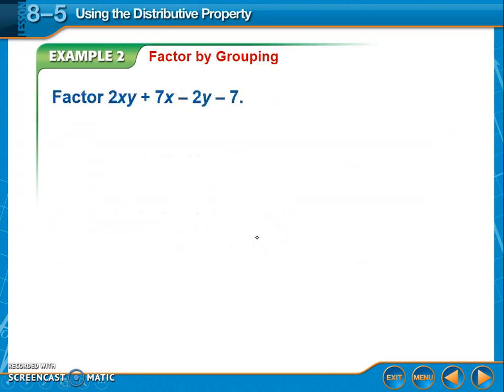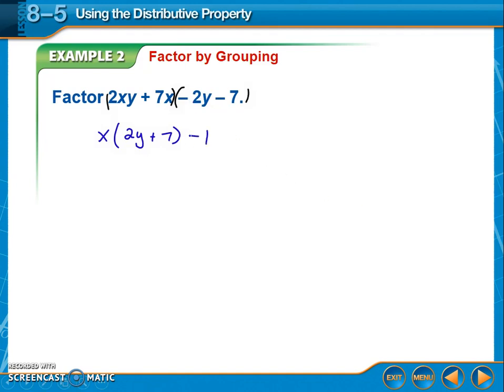We'll do an example. Looking at this, there's nothing that's common to all 4 terms. So when there's nothing common to all 4, we use factoring by grouping. We're going to group the first 2 terms and then the last 2 terms. Looking at just the first 2 terms, what do they have in common? They both have x. So I'm going to pull out x, and I have 2y plus 7 left after I pull out an x from each of those terms. Then I look at the next two terms, and they both have a negative 1.